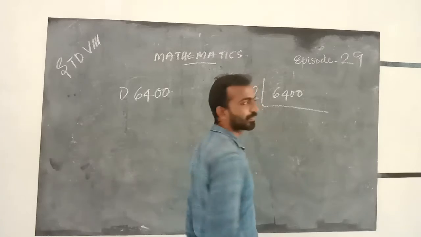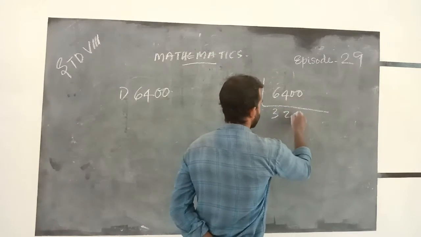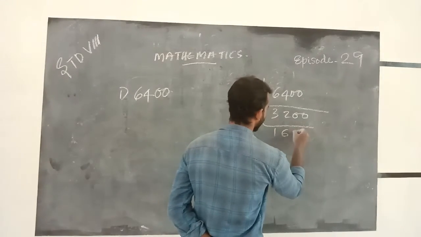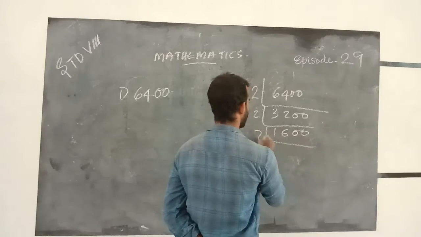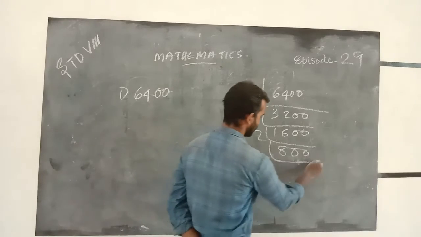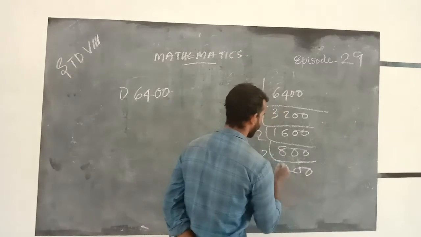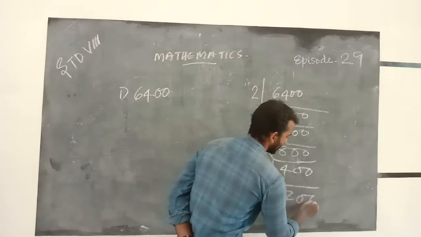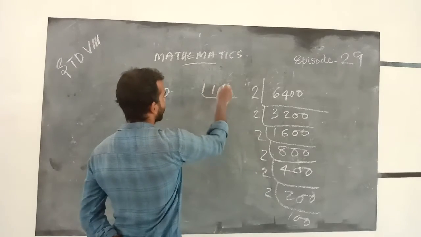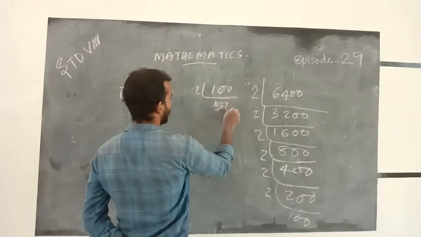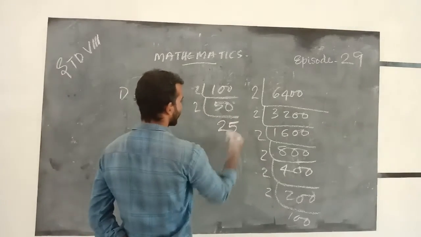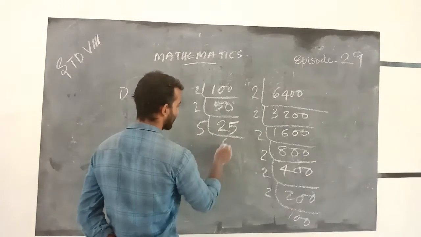We take 2: 3,200, 1,600, 800, 400, 200, 100, and so on until we get 5.